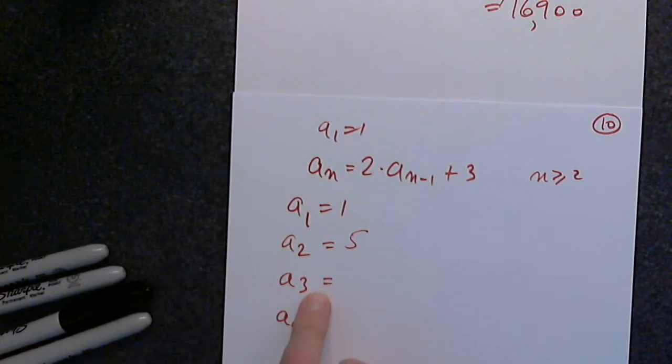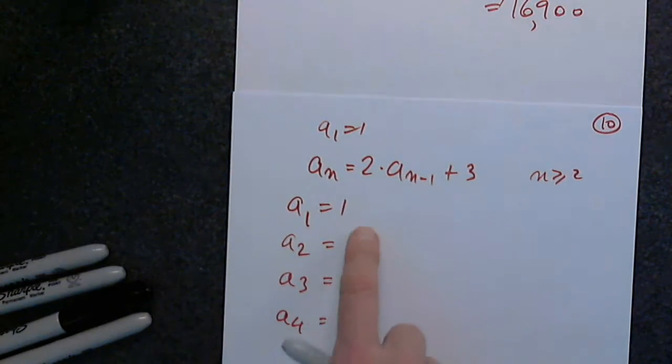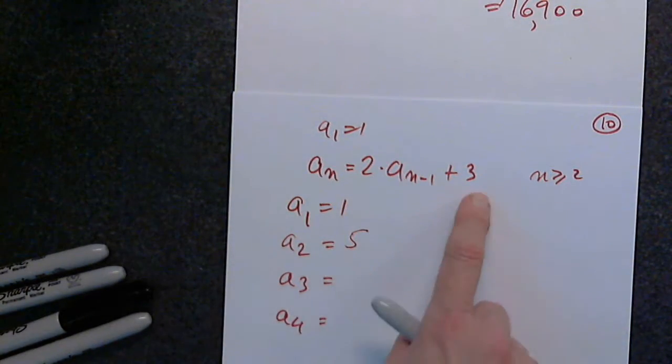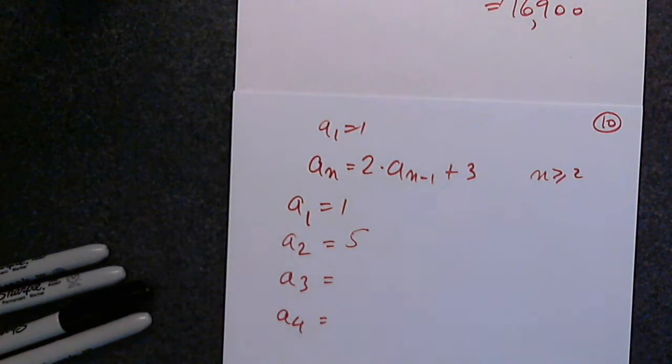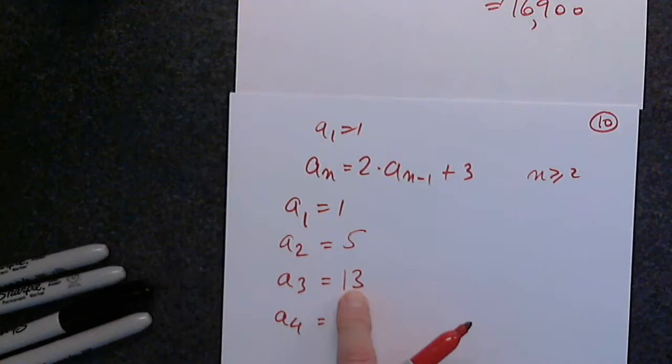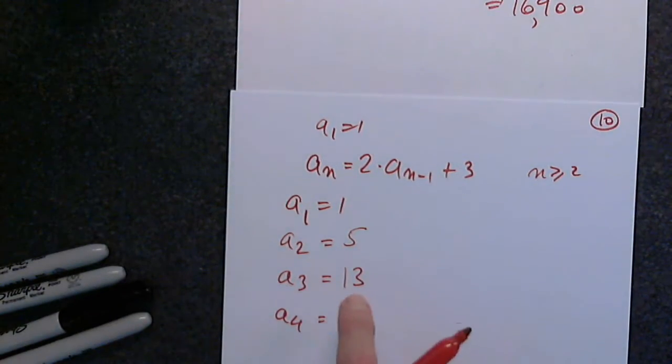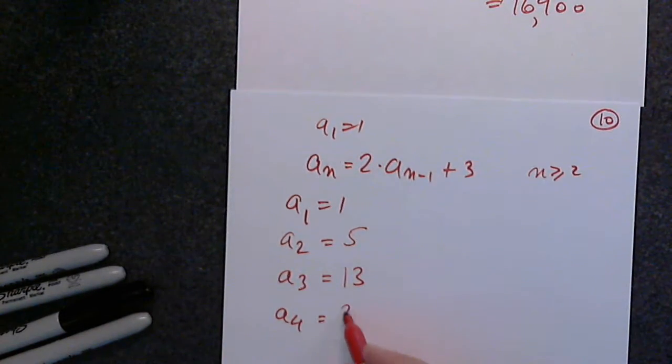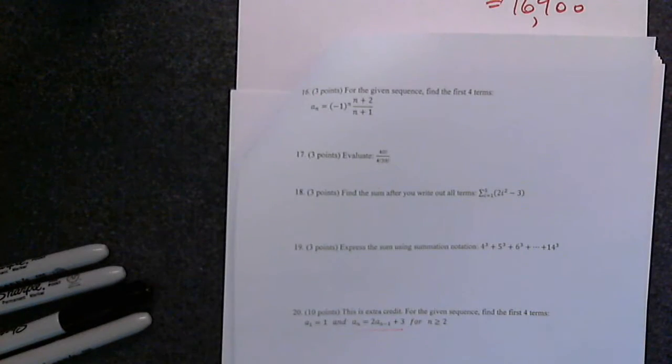But now a3 will be 2 times the previous term. Now this is 5 plus 3, 13. And now the last one, this is 2 times 13 because it's the previous one, plus 3. So this is 26 plus 3, 29. So anything else from this page?